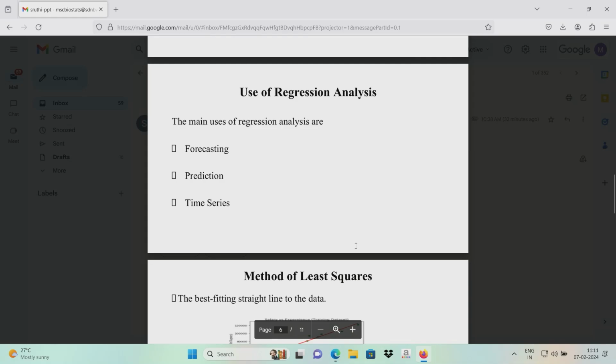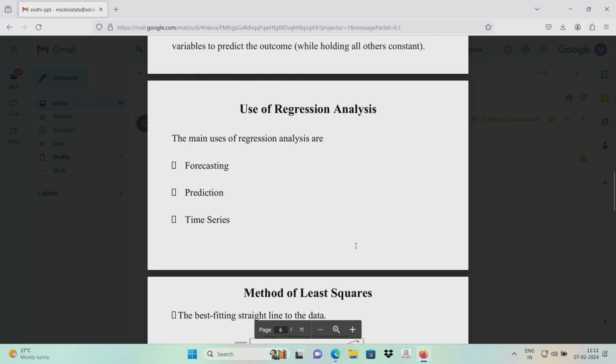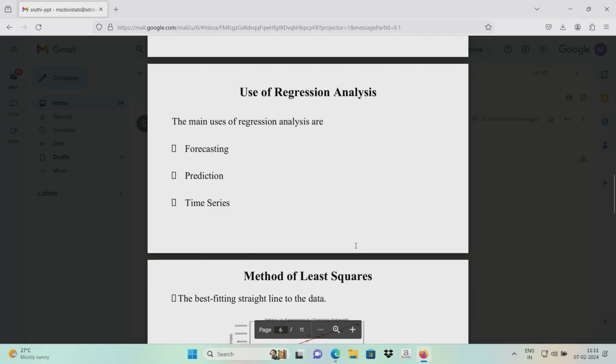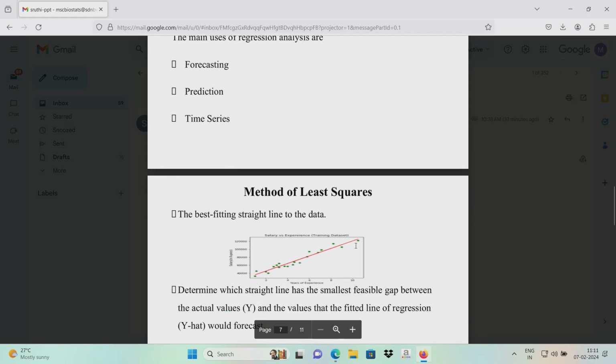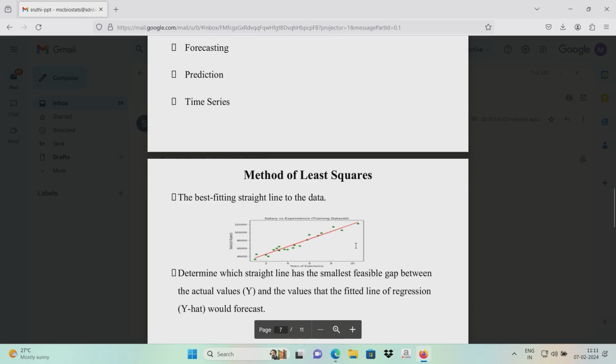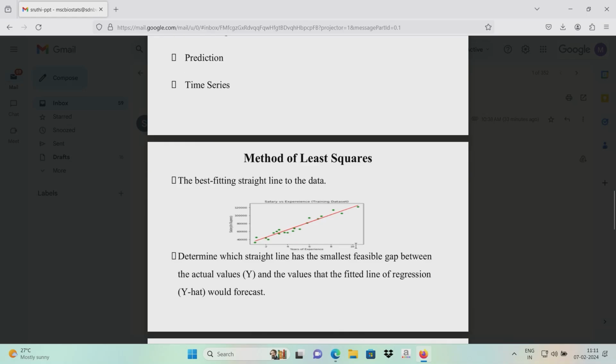Now let us pass on to the method of least squares. From now on we are going to see how to analyze the simple linear regression model and what terms are used to measure the model. First is the best fitting straight line to the data. In the method of least squares, we get the straight line.